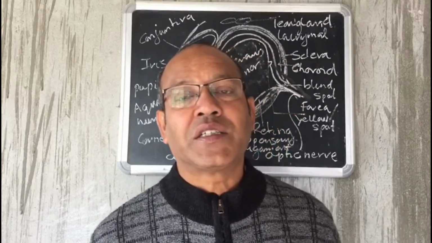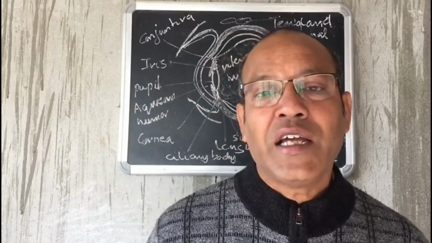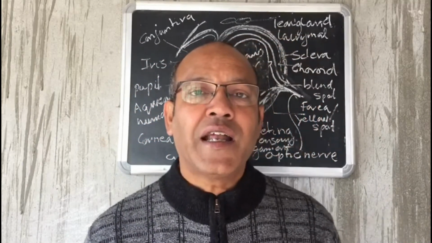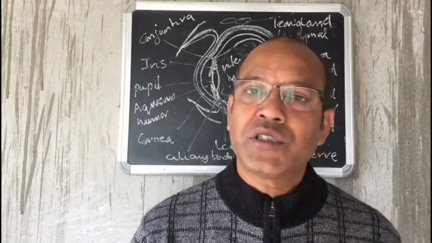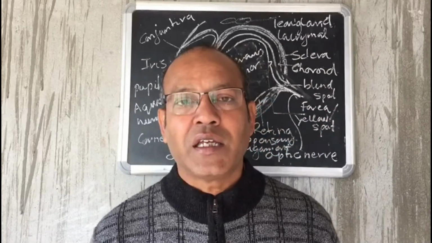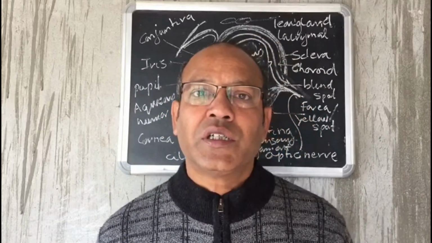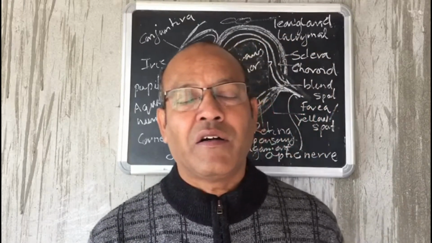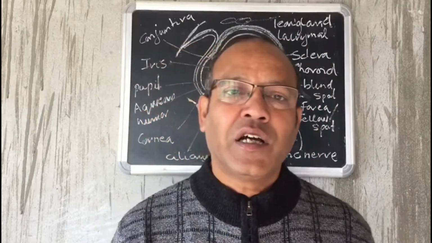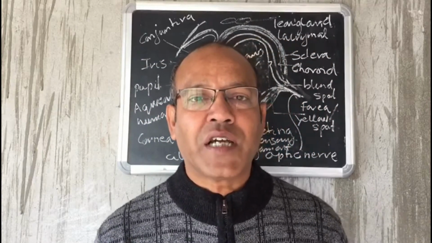This is what is known as accommodation, the power of the eye to see near and distant objects both at the same time. This is an important feature of the eye, because the lens can become flat and fat and thin within a very short period of time.